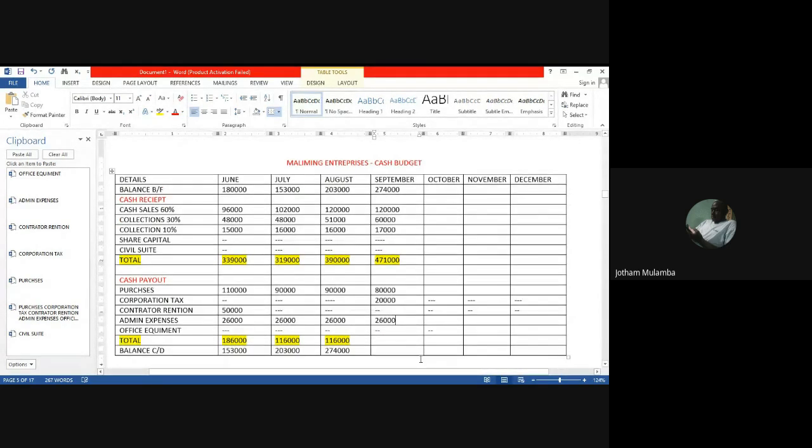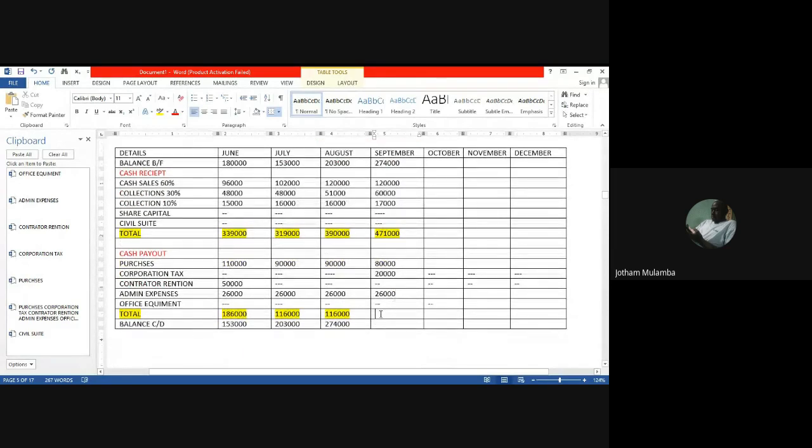So let's get the total. 126,000. We move on to the difference, the closing balance. 345,000.